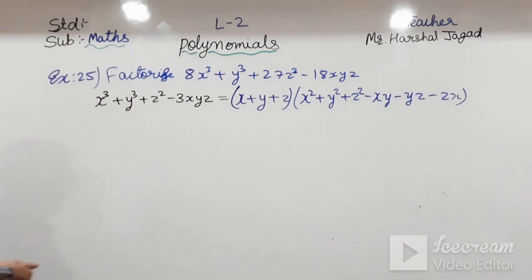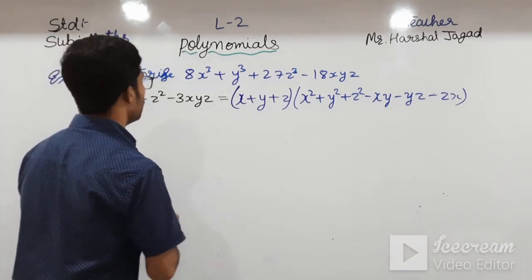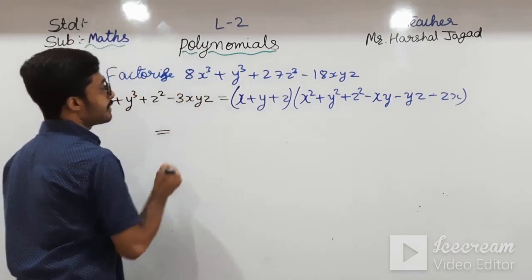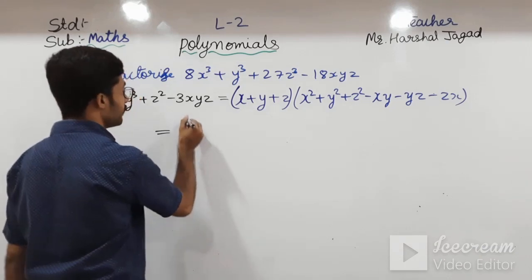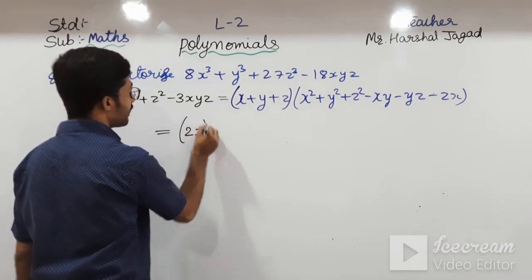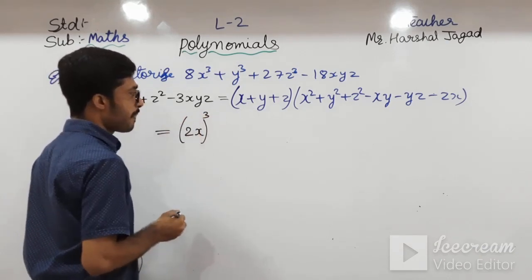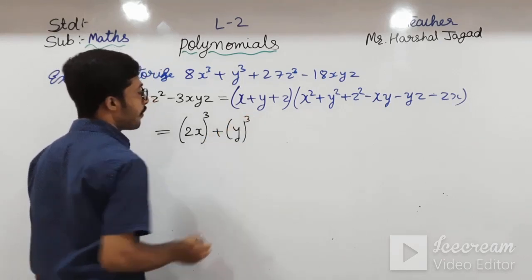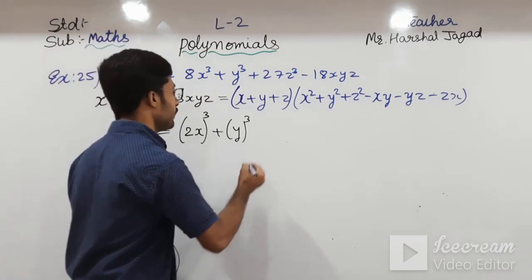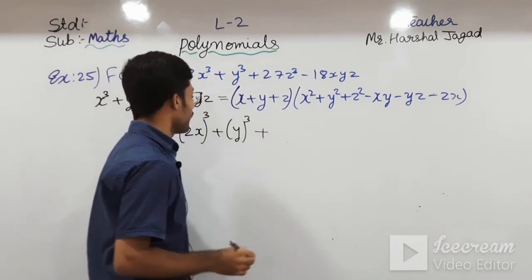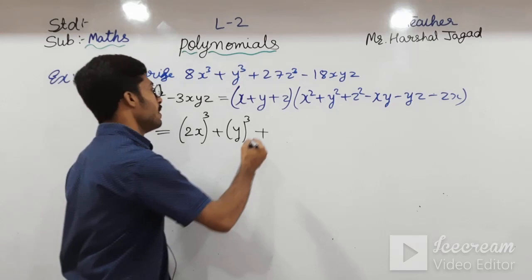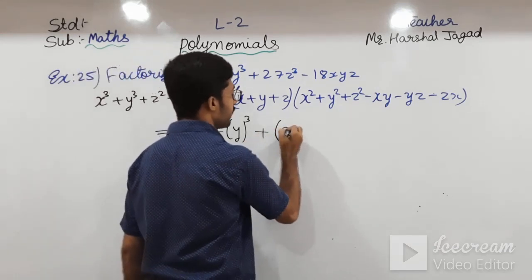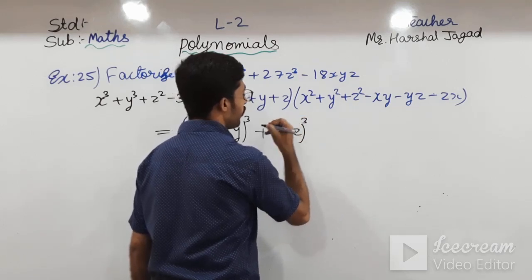So how will we solve it first? 8x cube we can write as (2x) the whole cube, plus y cube we can write as (y) the whole cube, plus 27z cube. 27's cube root is 3, so (3z) cube.